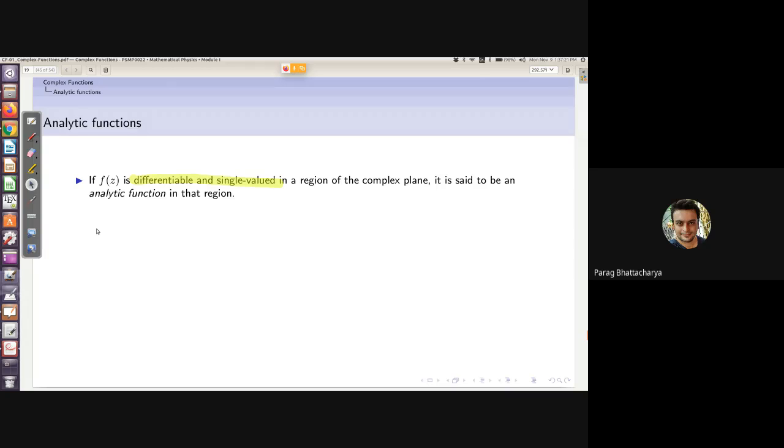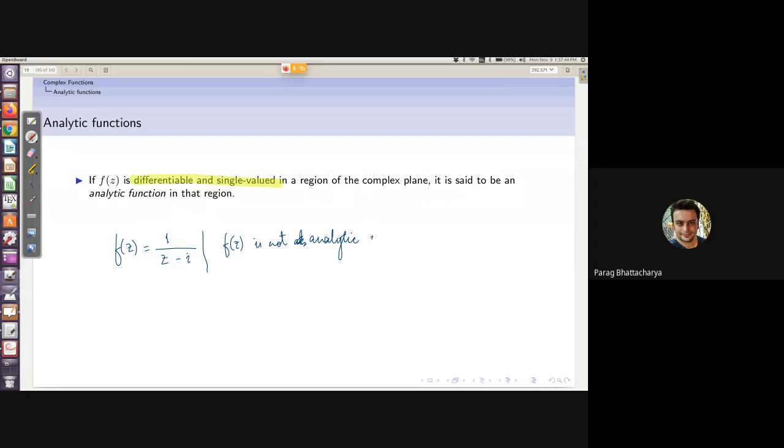Suppose I see a function like f of z is equal to 1 by z minus i. The moment I see this, I know that f of z is not analytic at z equals i.